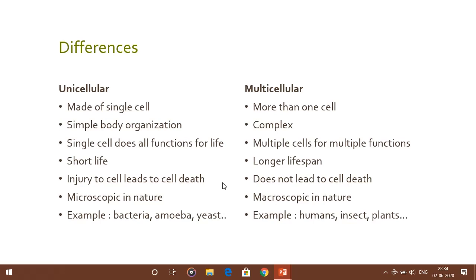And next is the microscopic nature of the unicellular organism. It indicates that you cannot really see the organism, the paramecium and everything that we showed before, the amoeba. You really cannot see that with the naked eye. You cannot simply look at the air and say, oh, there are lots of unicellular organisms.